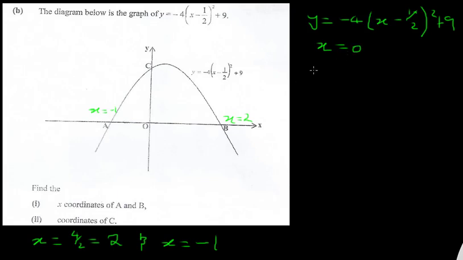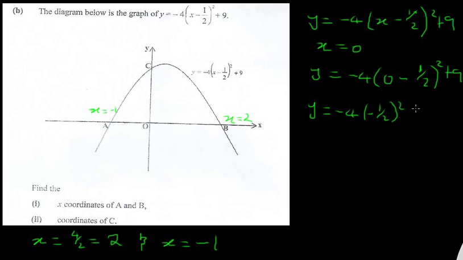So we'd simply have to replace the x with a 0 and would have y equals minus 4, 0 minus 1 over 2, this is minus 1 over 2 squared plus 9.